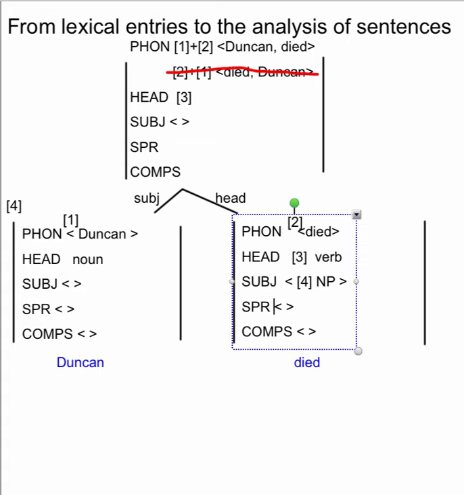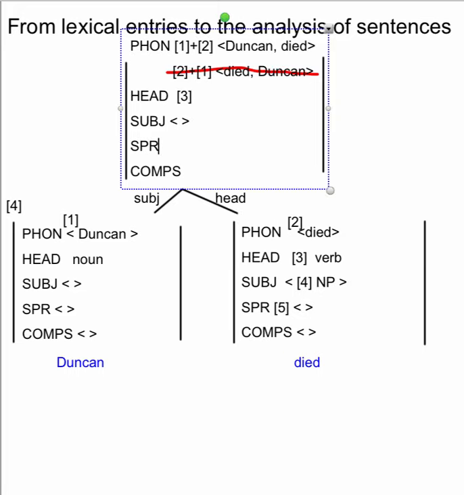I want to say that the entire value of the specifier attribute is the same on the head daughter and the mother. So I use the tag 5 for the specifier value of the head daughter, and I use the same tag for the specifier value of the mother.